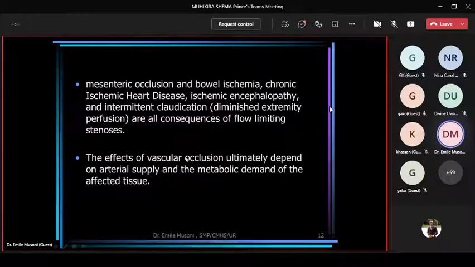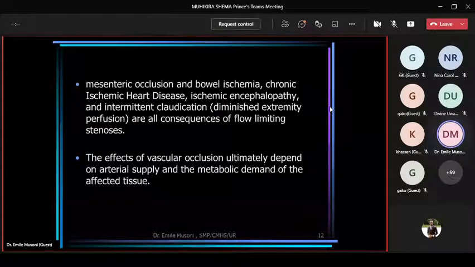The effect of vascular occlusion ultimately depends on the arterial supply and the metabolic demand of the affected tissue, meaning that atherosclerosis can occur in the coronary artery, the mesenteric artery, and also in the lower limb, as intermittent claudication. It can also be found in the brain.